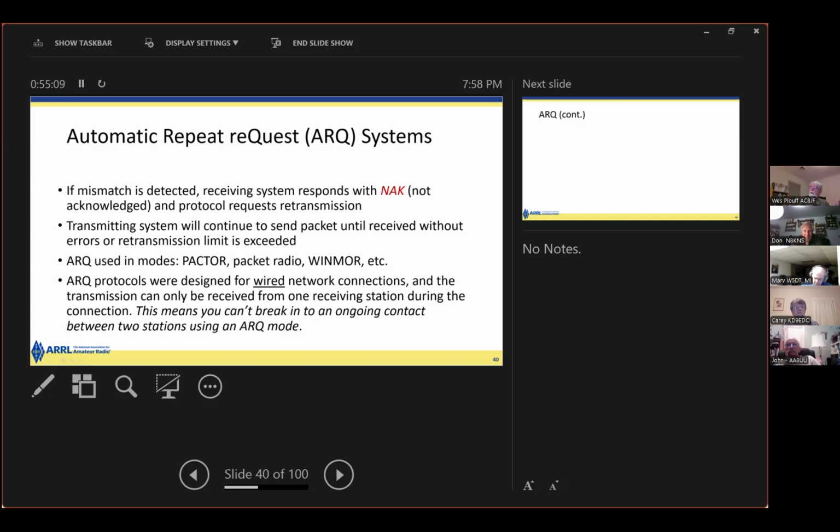Probably by now on repeater, you have gotten into a situation where there'll be two or three people or even more talking, and people will go round robin, or somebody will break in and ask a question or give a brief answer, and then you go back to the regular conversation. But for ARQ modes, for packet radio modes, you can't do that.